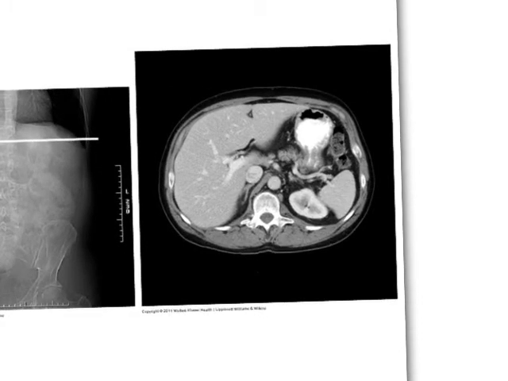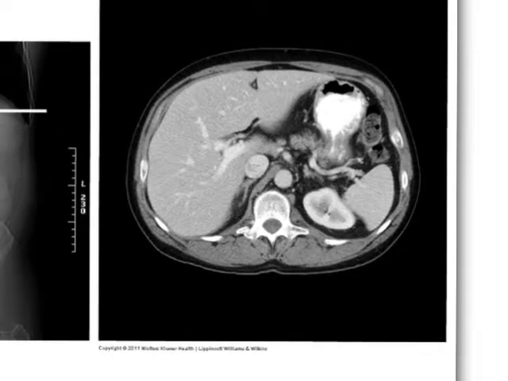We'll be able to see a little bit of the colon. So, right here, we can see transverse colon. We can also see that splenic vein now, right in here.